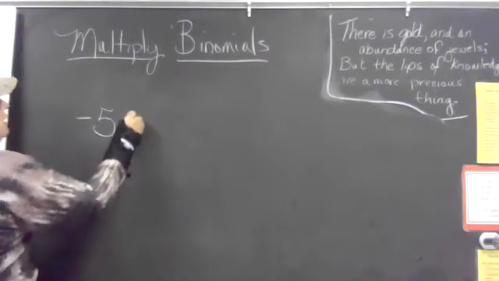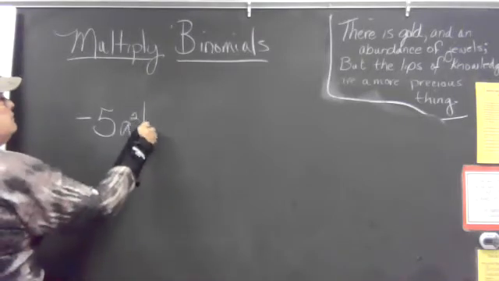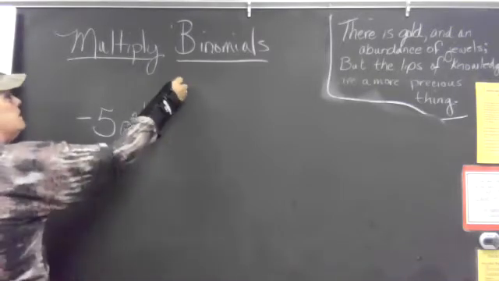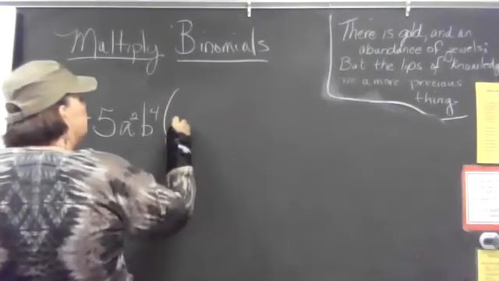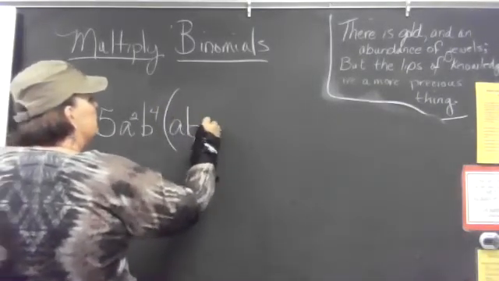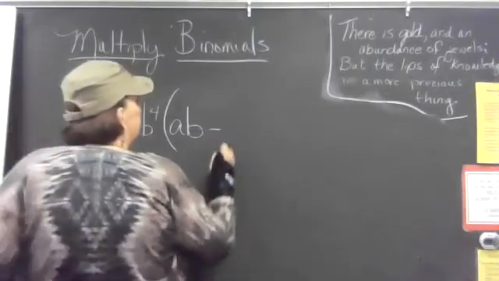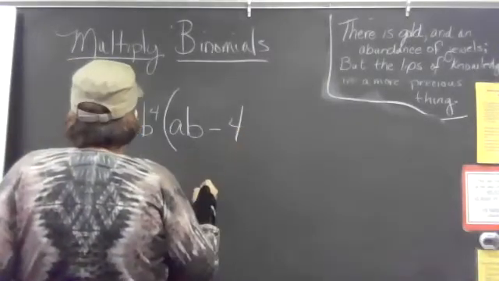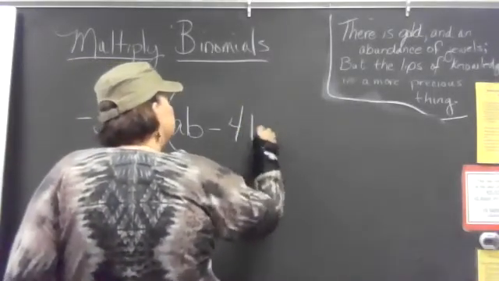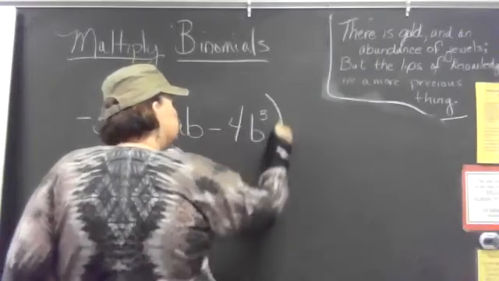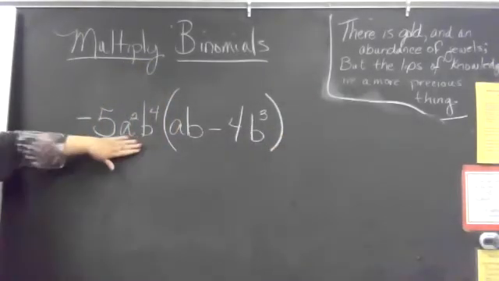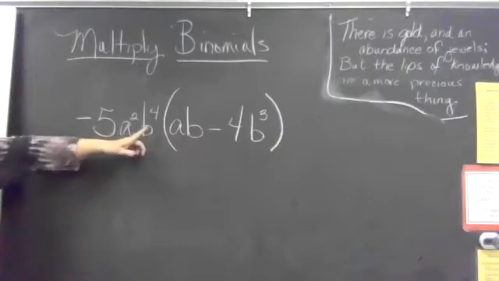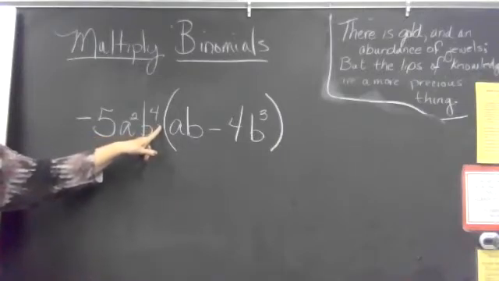Let's do a squared b to the 4th times ab minus 4b cubed. All right. Now, in this case, you have a monomial out here, and notice that it's crammed up next to a parentheses.